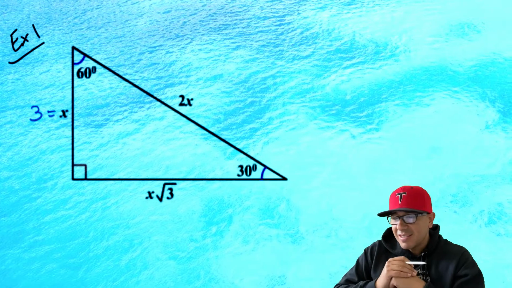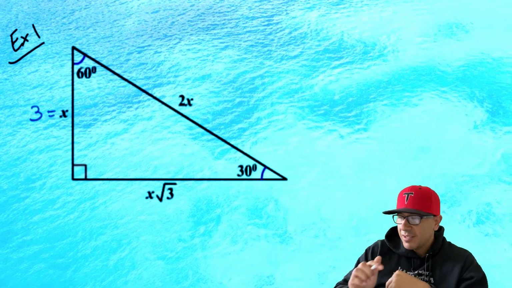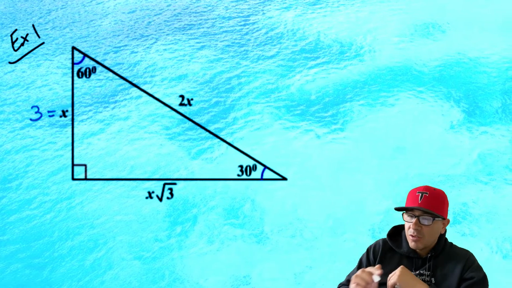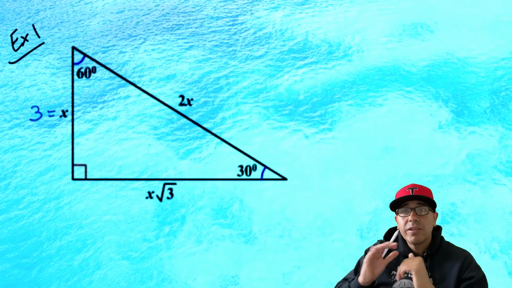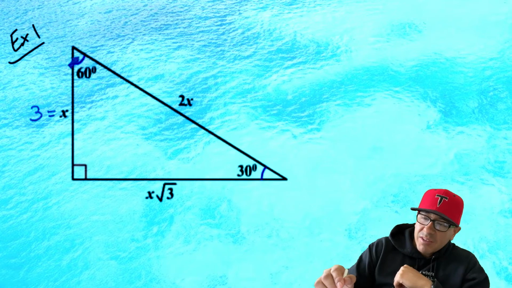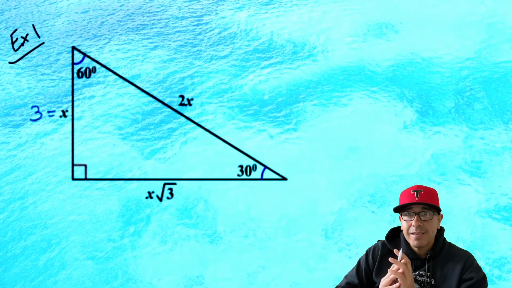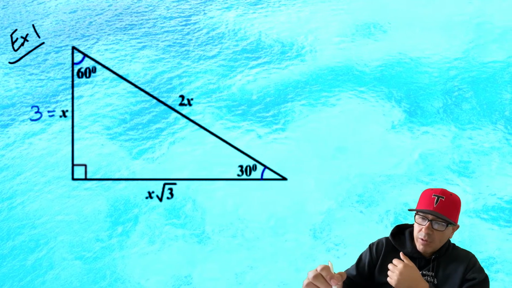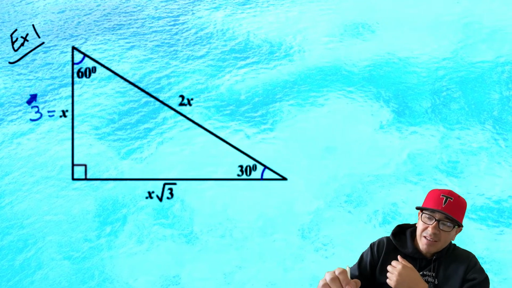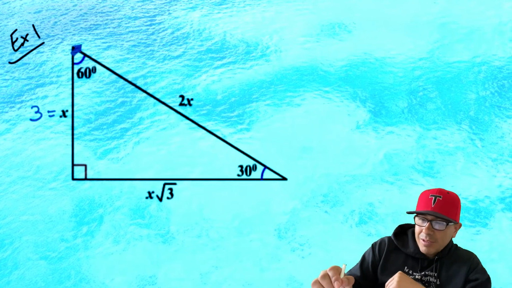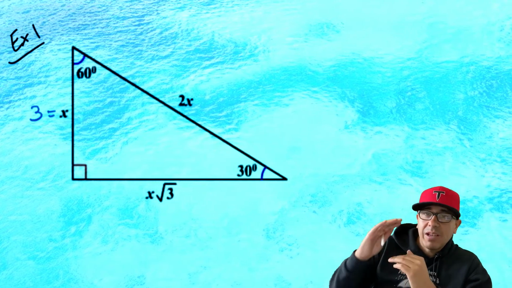Go ahead and look at this example. So we have our 30, 60, 90 triangle here. And notice they give us one of the sides. So for this first example, they give us the shortest side, and that's usually the easiest case. So we'll start off with the easiest case, where they give you the shortest side and they tell us it's 3 units. All right, so what I like doing is doing things in terms of level of difficulty.